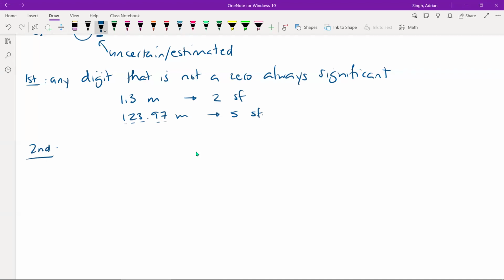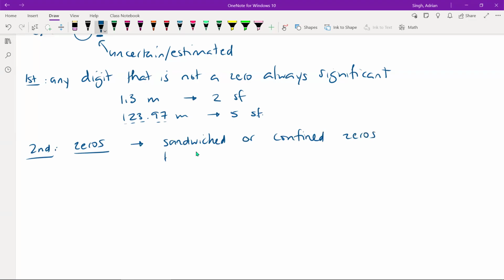Where the issues arise are with the zeros. Okay, so what about the zeros? Well, let's take a look, first of all, at the simplest case of the zeros. And if that 0 is a 0 between non-zero digits, we're going to refer to those as sandwiched zeros, or sometimes they're referred to as confined zeros.